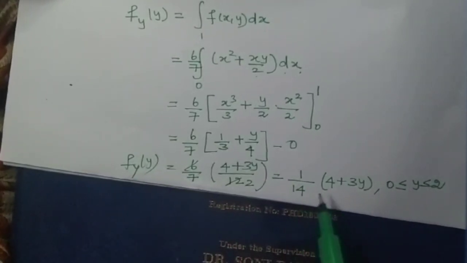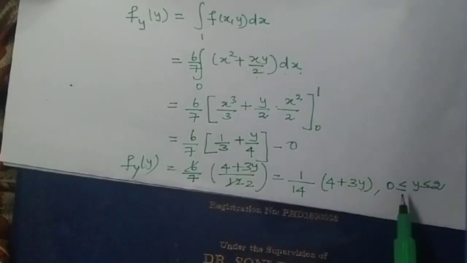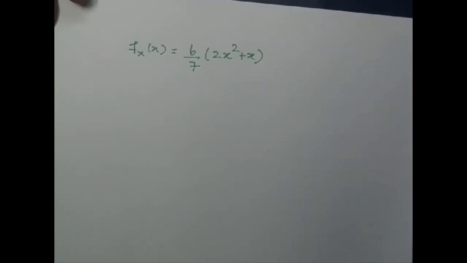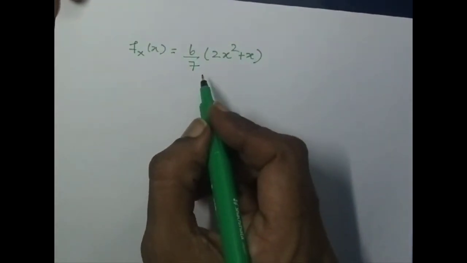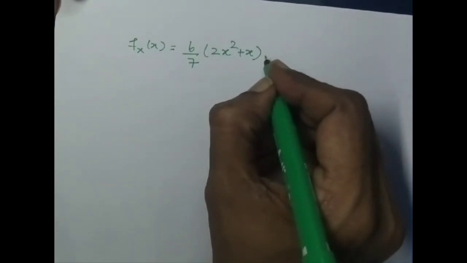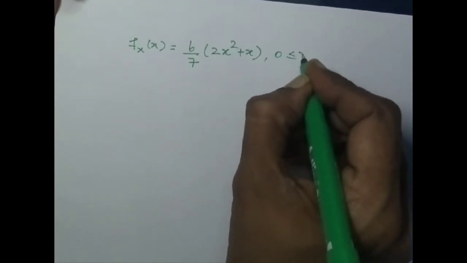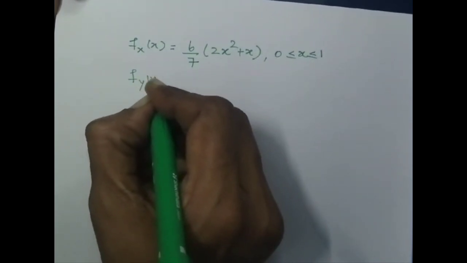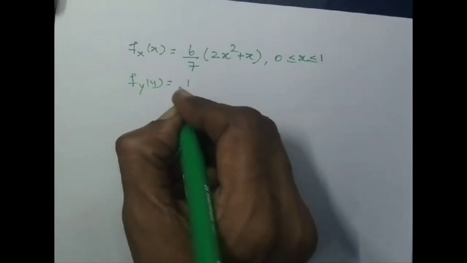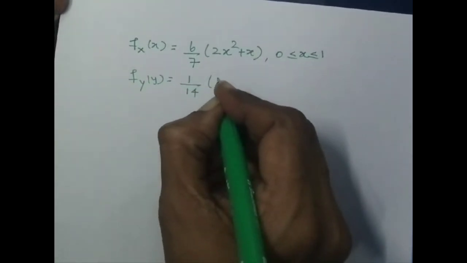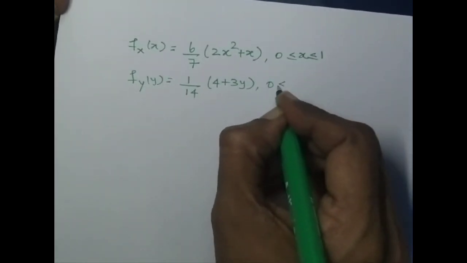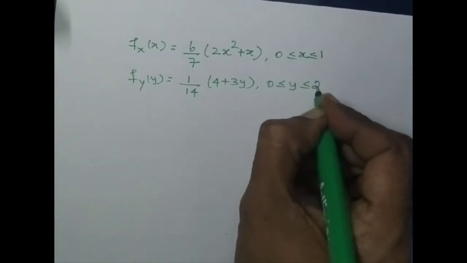So 1 by 14 into 4 plus 3y, where 0 less than or equal to y less than or equal to 2. We got f x of x is 6 by 7 into 2x square plus x, where 0 less than or equal to x less than or equal to 1. And f y of y equal to 1 by 14 into 4 plus 3y, where 0 less than or equal to y less than or equal to 2.